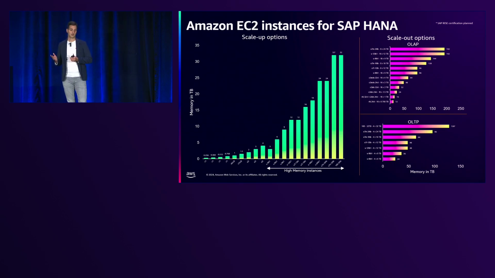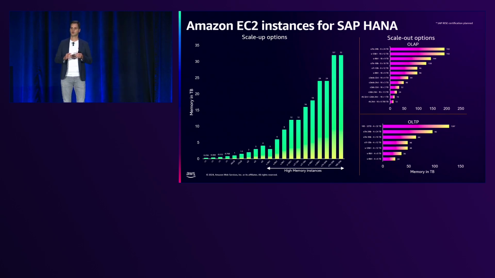Looking at the scale out in general, first for OLAP for BW workloads, here we offer you very small nodes. So you start with 1 terabyte, 1.5, 2, 3, 4, up to 16 terabytes. And you have the option to scale either up to 8 nodes per cluster or even 60 nodes per cluster.